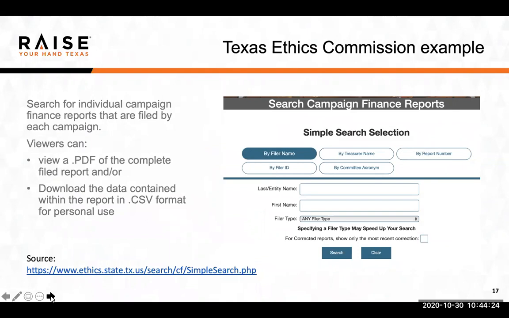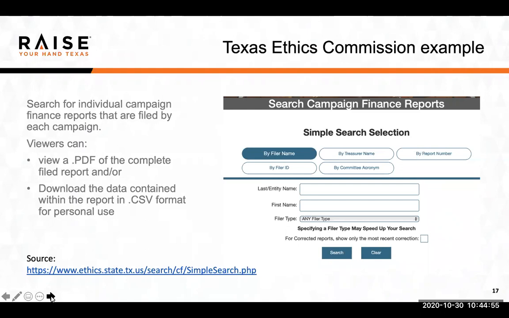So let's begin with the Ethics Commission website. I've given you the source here, or you can just Google it. When you search on campaign finance, simple search, you can enter the name of the filer, the candidate, and you need to know the legal name. For instance, my last name is Bender and my nickname is Missy.